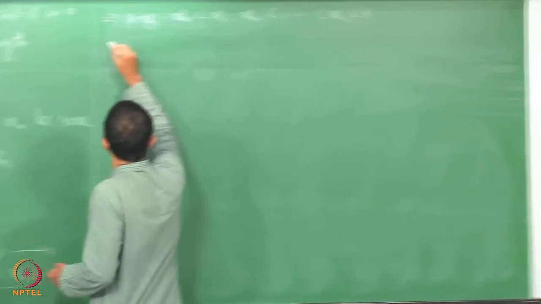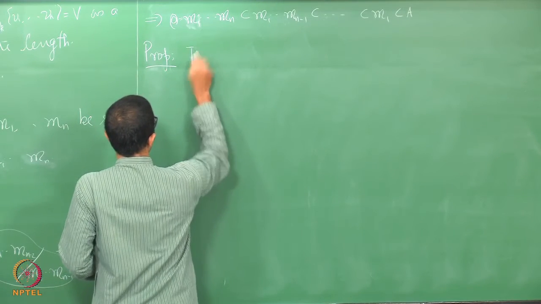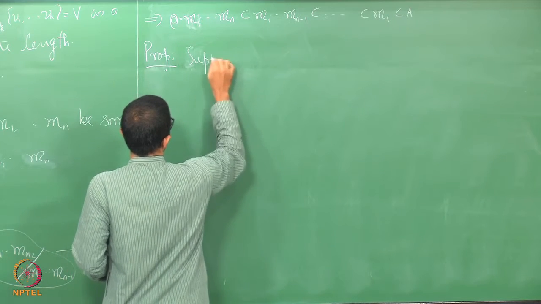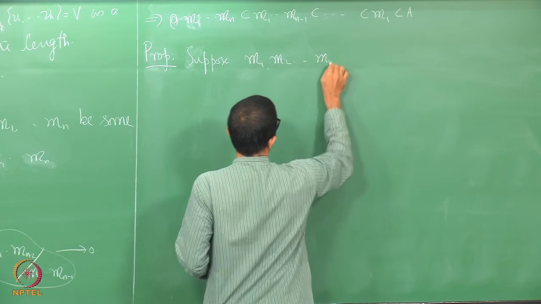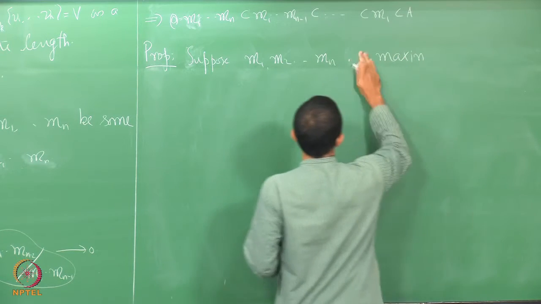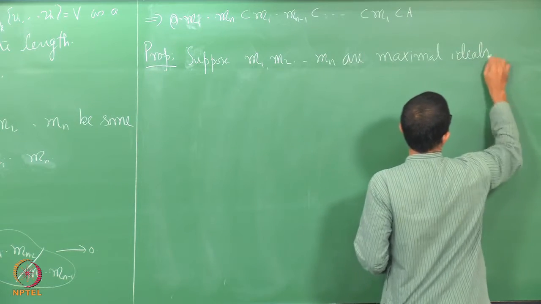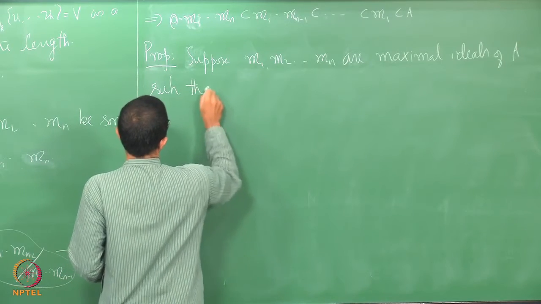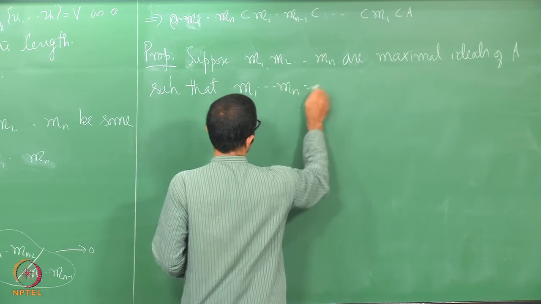So, what we have shown here is: suppose M1, M2 up to Mn are maximal ideals of A such that the product M1 up to Mn is 0.